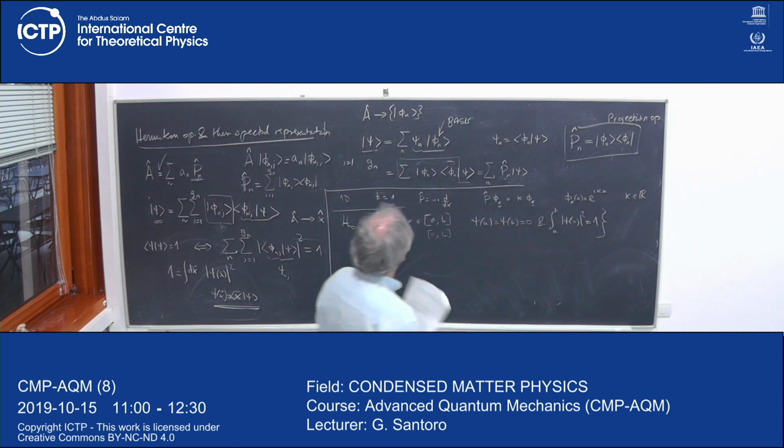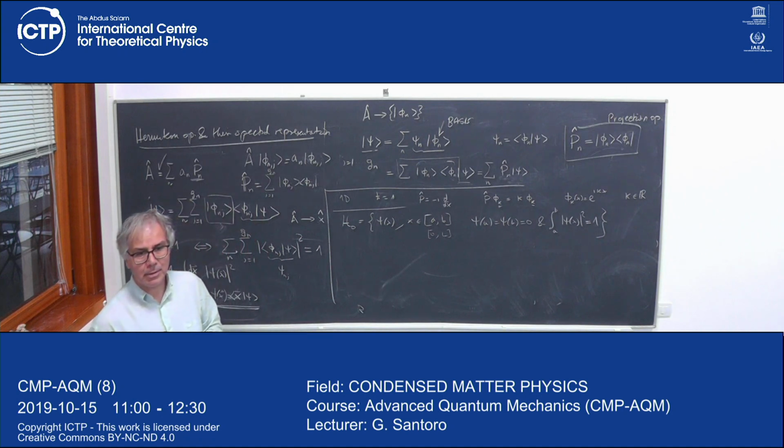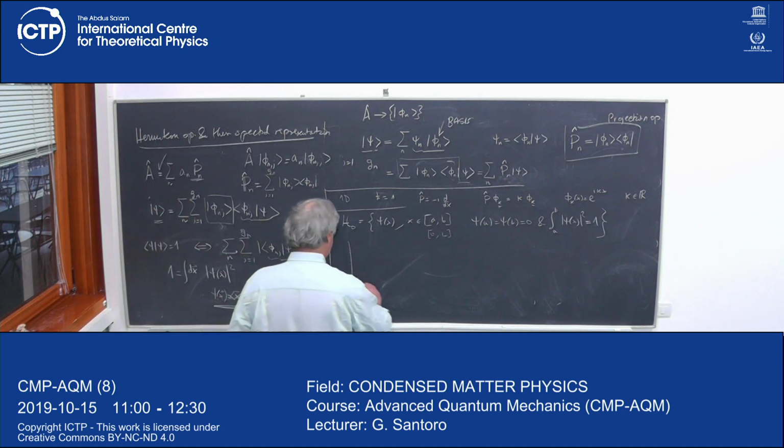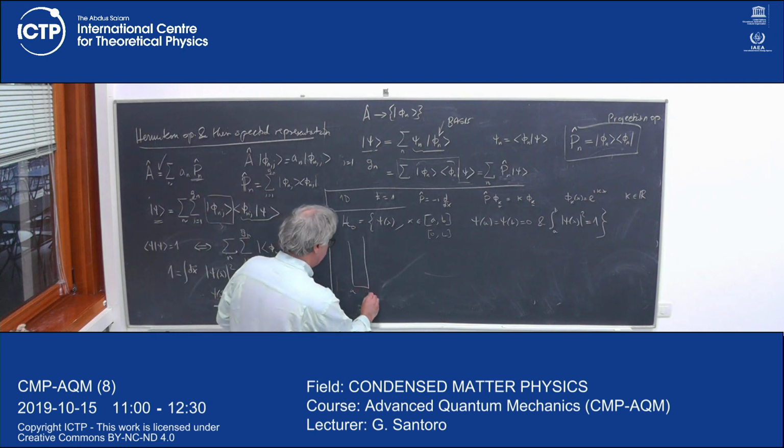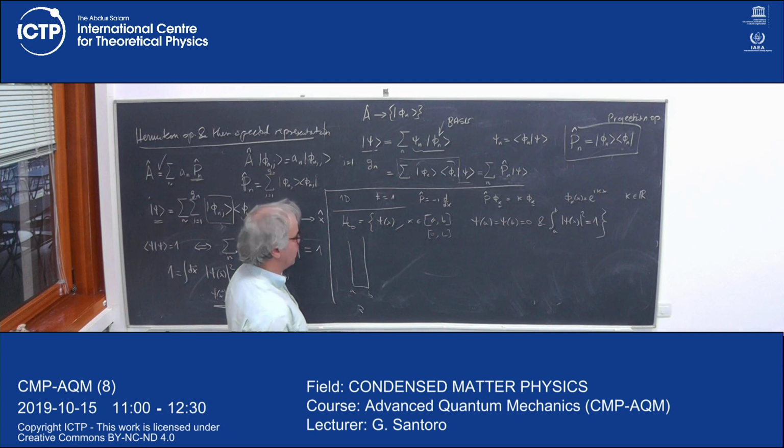What is this Hilbert space? It's the Hilbert space of the infinite square well we have seen. I've called just A and B the two limits, 0 and L, whatever you want. The function goes to 0 here and there.